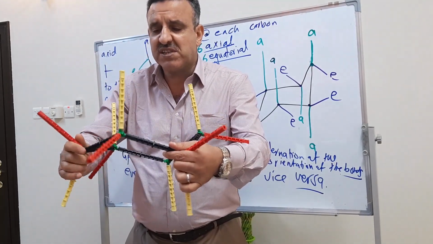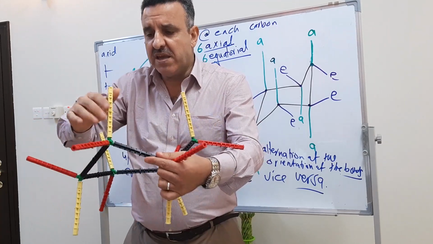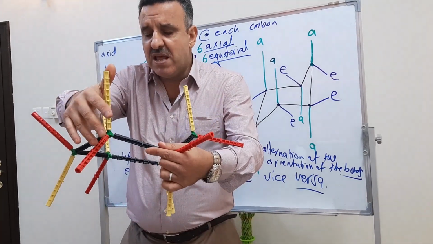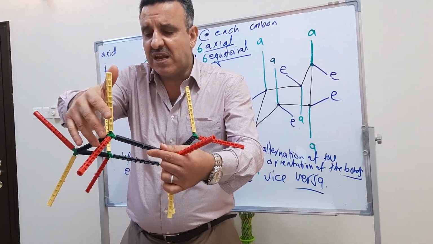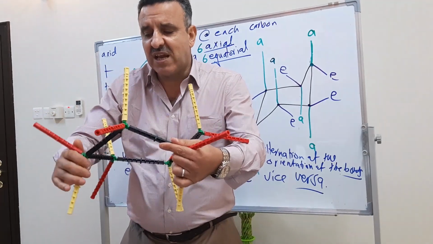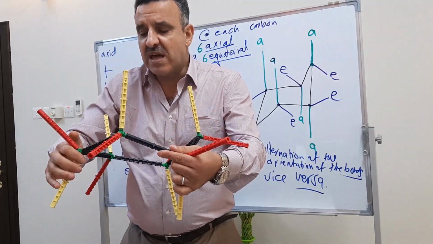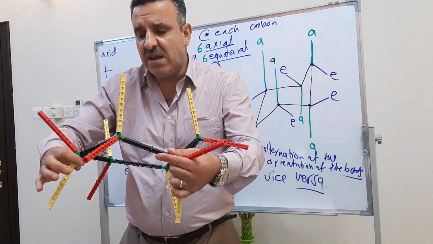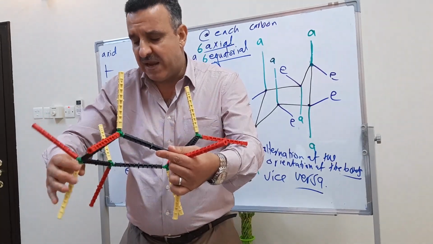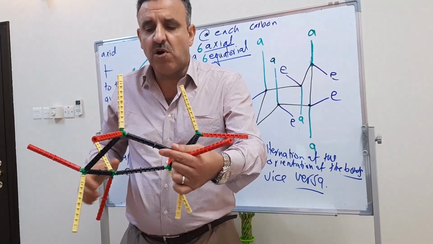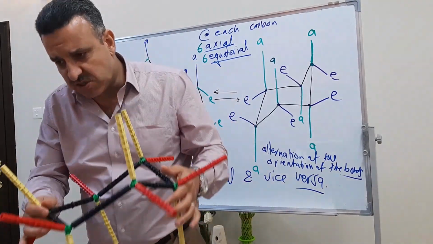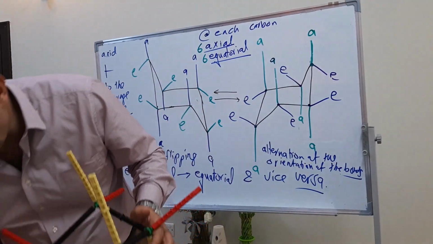On the first carbon here, the axial is above the plane, and the equatorial, which is in red color here, is below the plane. On the next carbon, the equatorial is above the plane and the axial is below the plane, and so on and so forth. So always we have this alternation. Do you follow me, guys?